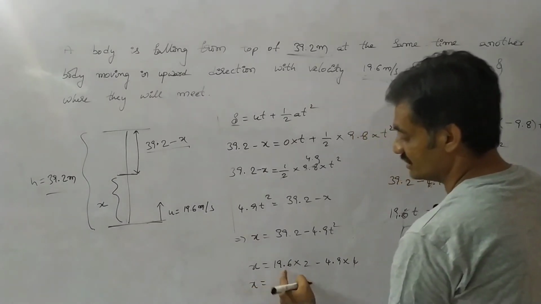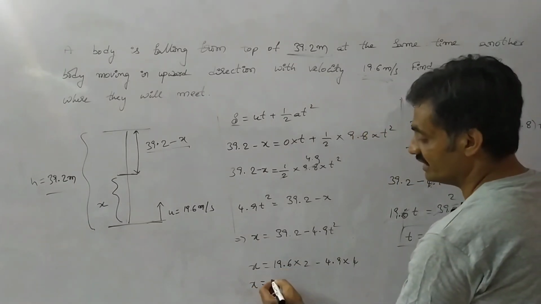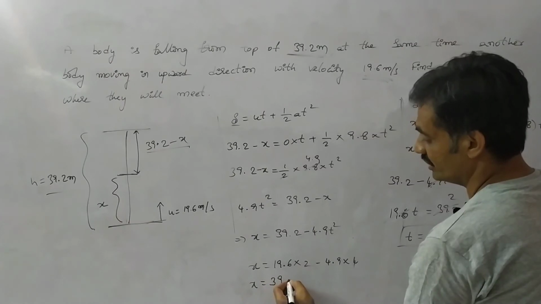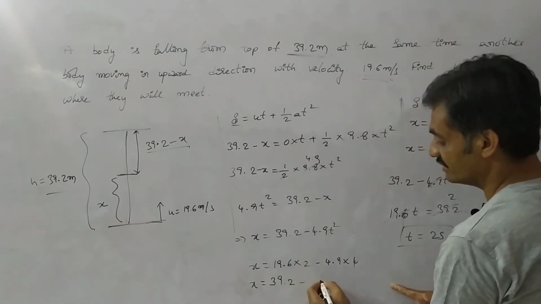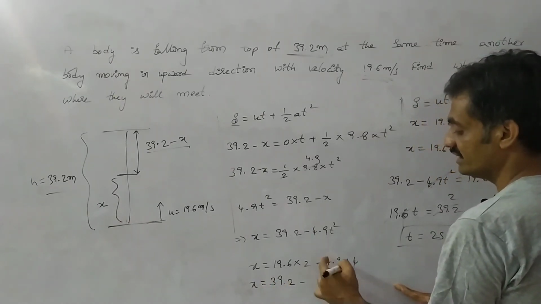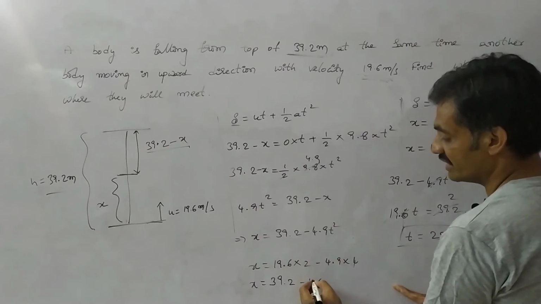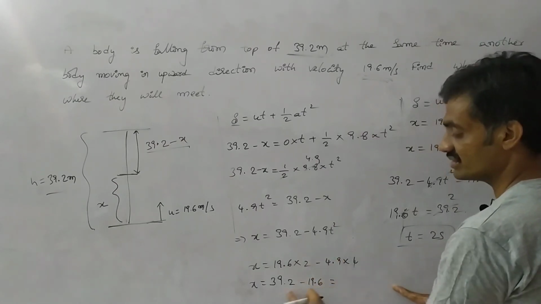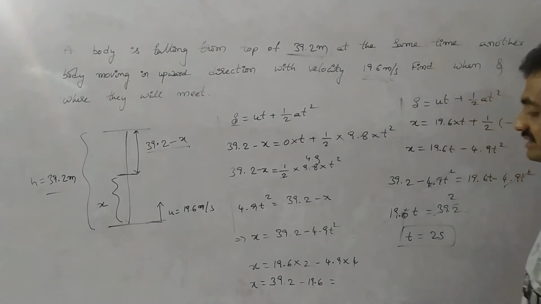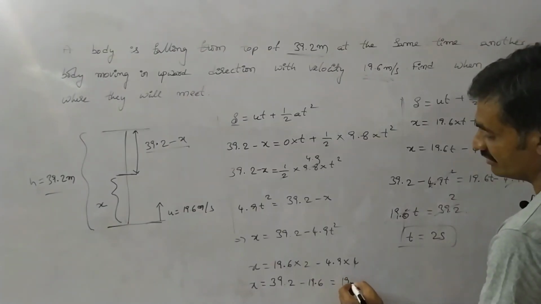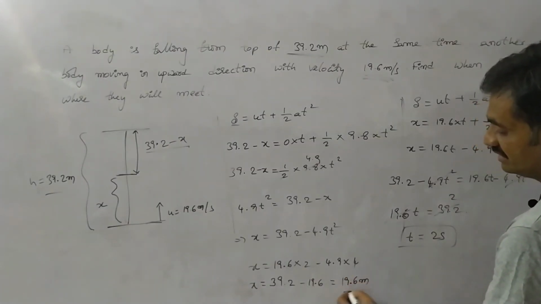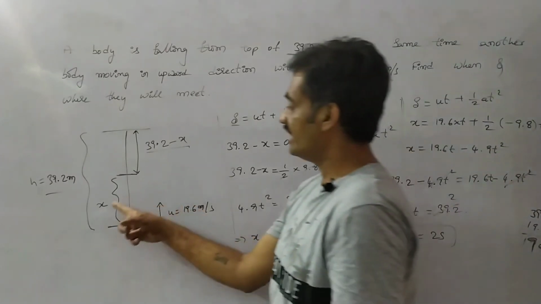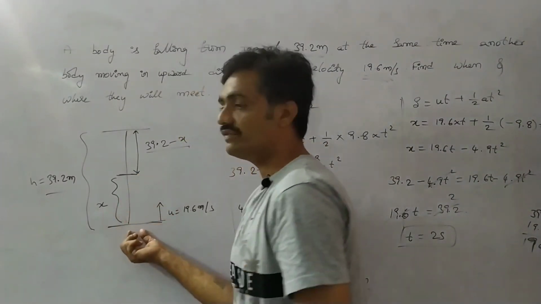We have x equals 39.2 minus 19.6, because 4 nines are 36 and 4 fours are 16, 16 plus 3 is 19.6. So if we subtract, we have 19.6 meters. So the two bodies meet at a height of 19.6 meters from the ground.